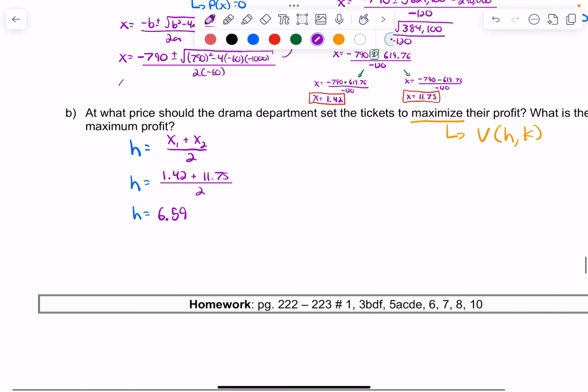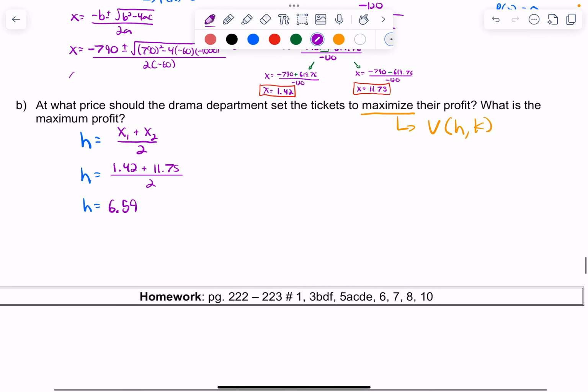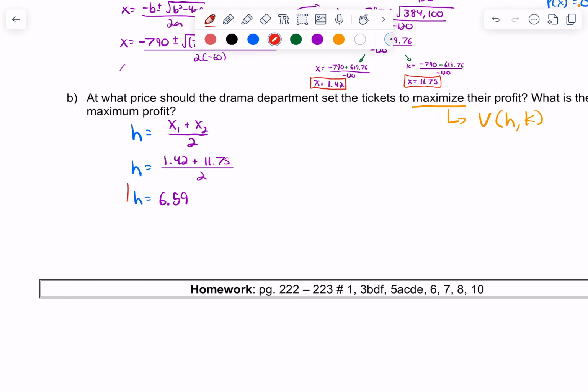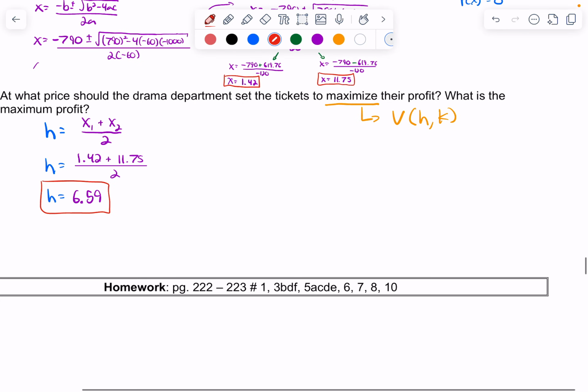Okay? And then the k value, because it asks for what is the maximum profit. It's asking for what the price is and the maximum profit, so this is one answer right here. Your vertex in the context of this problem, the x value are your prices, because it's measuring x's, and this right here is your profit. That's what this is measuring. This is P of x.